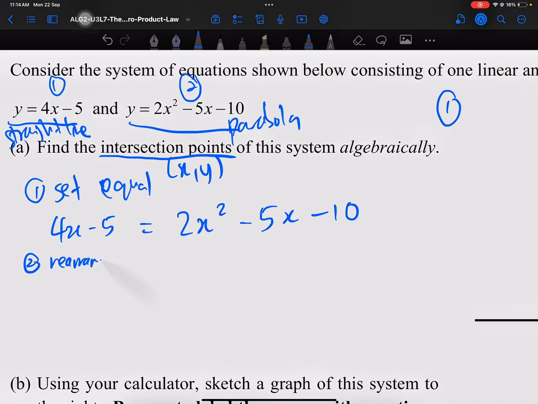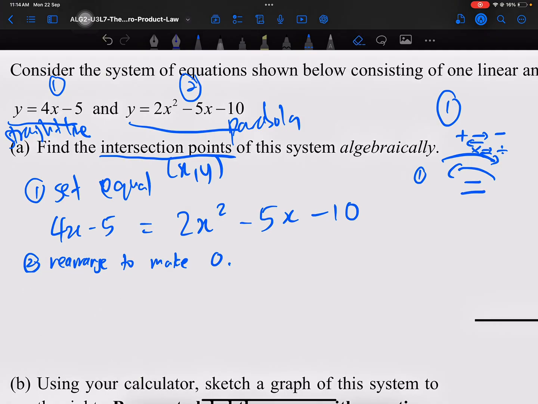I will rearrange everything to the left to make 0. When you jump to the other house, minus becomes plus, plus becomes minus, multiply becomes divide, divide becomes multiply.